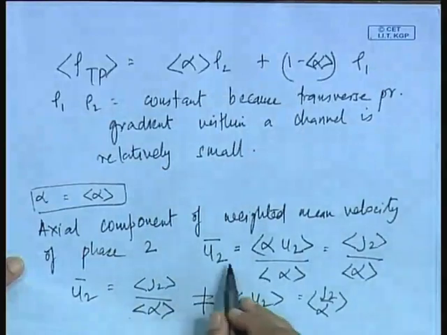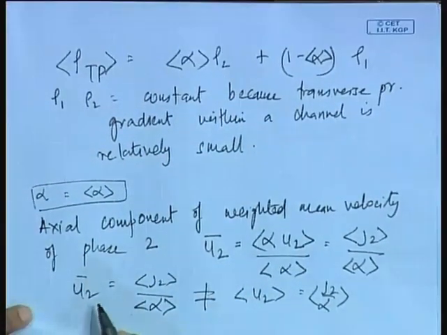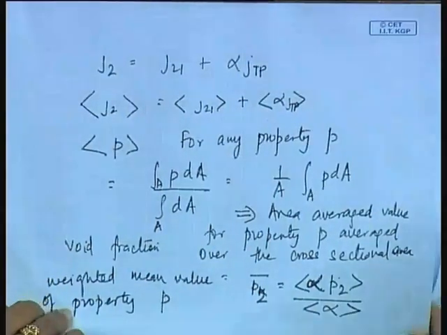Okay. So, accordingly, considering these particular concepts, the different mixture properties can be defined. For example, rho TP can be defined, the local in situ velocities can be defined. Similarly, you can define u1 as well in this particular case.